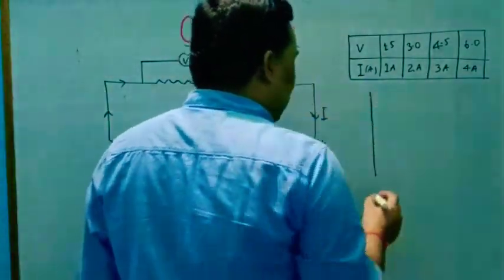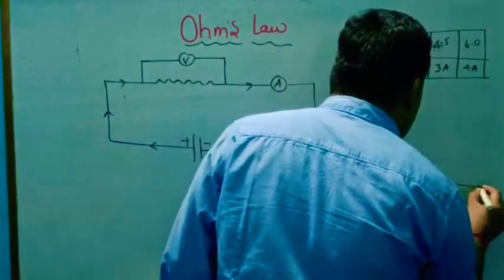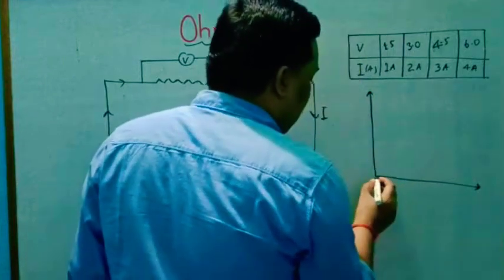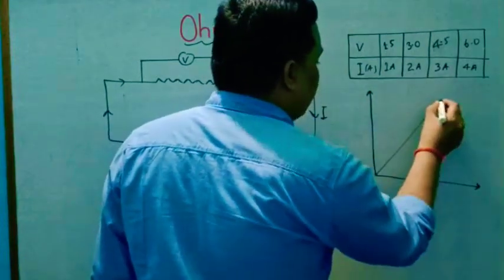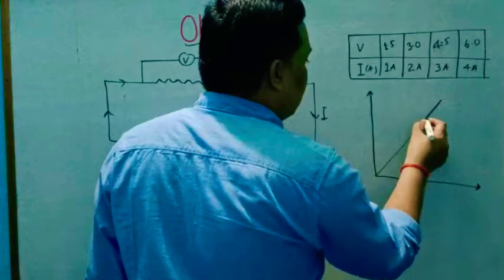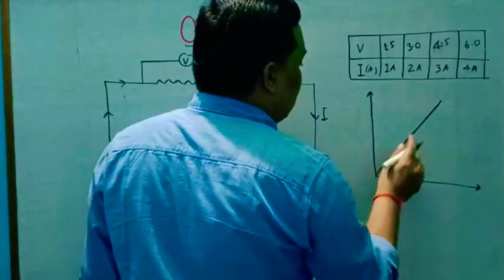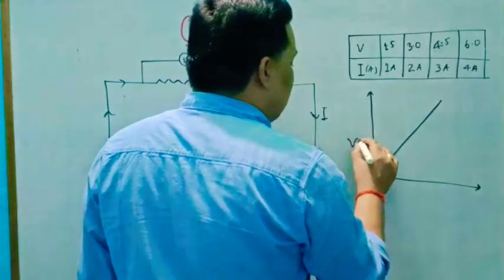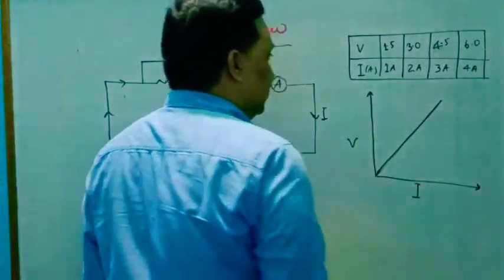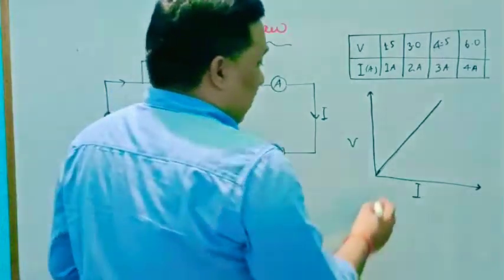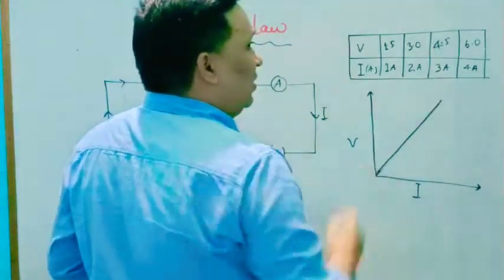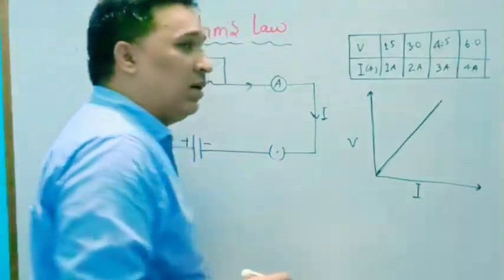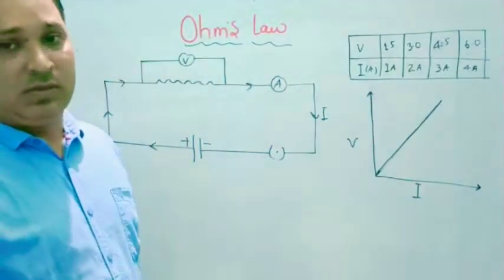As he plotted this graph on the graph paper, he obtained a straight line. This graph is V versus I. It means potential difference versus I. This straight line suggests that potential difference and current flowing through the circuit are directly proportional to each other, right?